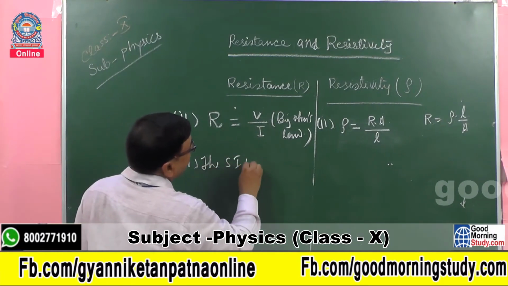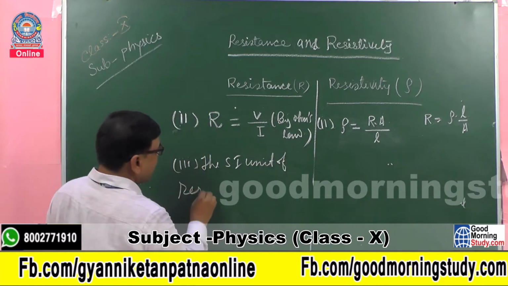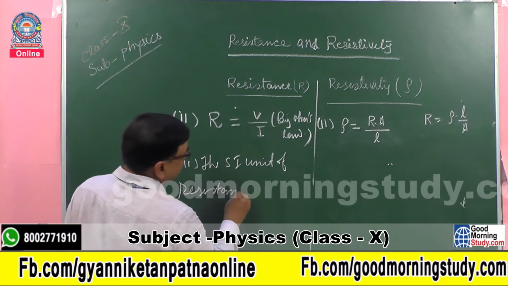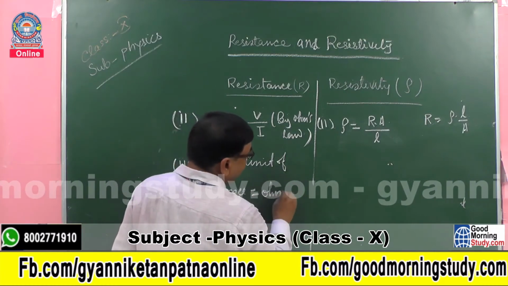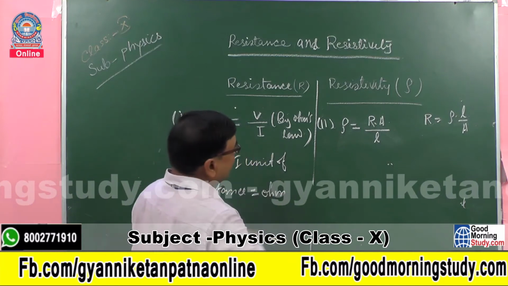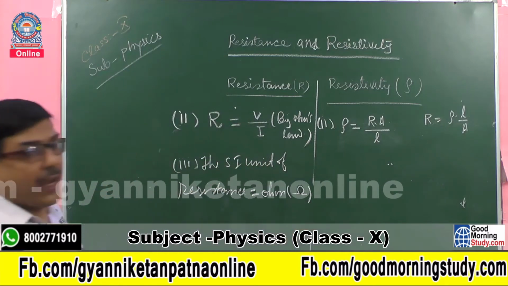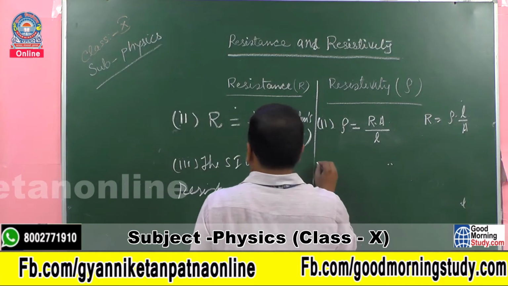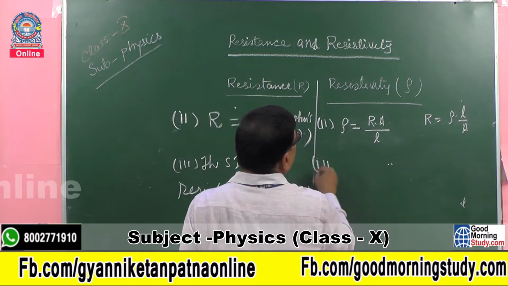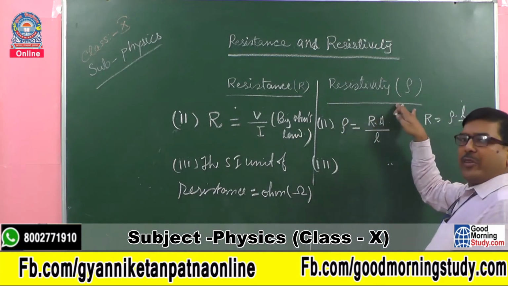Third, the SI unit. The SI unit of resistance is ohm, in the name of the great scientist Ohm, and the symbol is that. And the SI unit of resistivity, you can also say specific resistance.